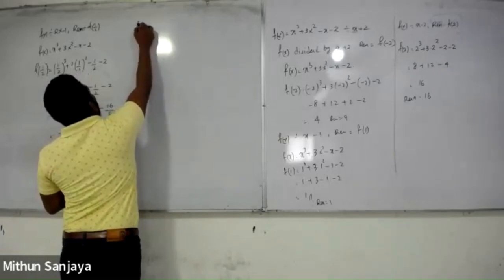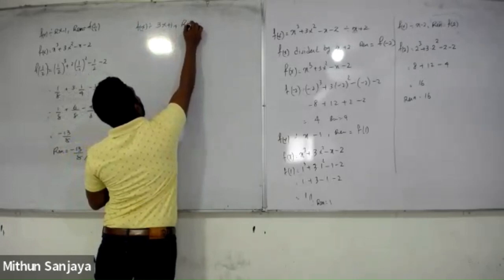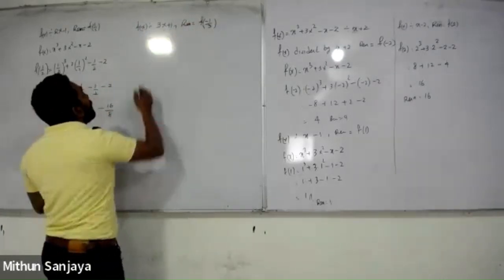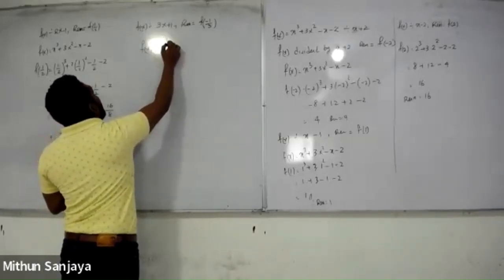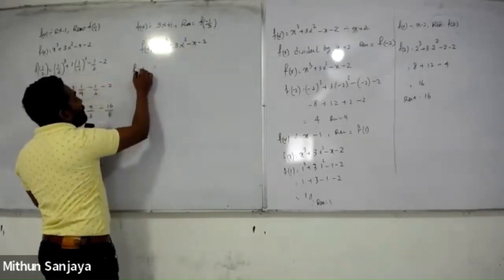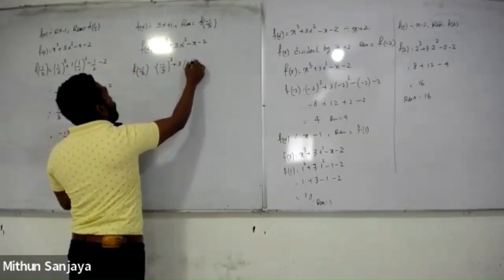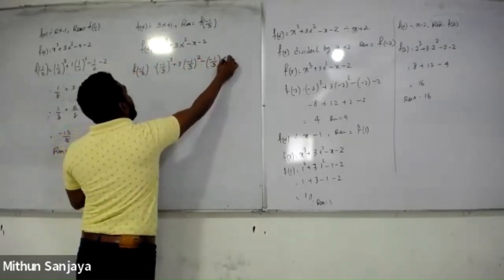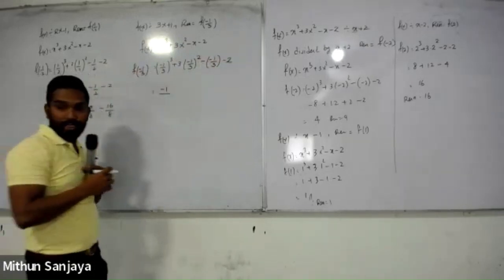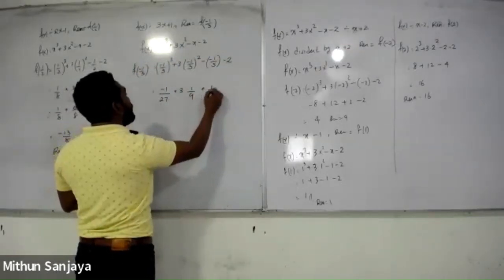Then last one, f(x) divided by 3x plus 1. So we can write remainder equal f(minus 1 over 3). Then f(minus 1 over 3) is minus 1 over 3 cube, plus 3 times minus 1 over 3 square, minus minus 1 over 3, minus 2. That is minus 1 over 27, plus 3 times 1 over 9, plus 1 over 3, minus 2.